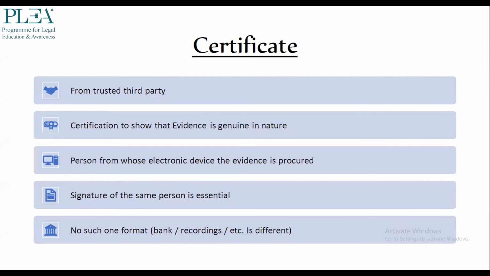Also, the person from whose electronic device the evidence is procured is very important. Say, for example, it's my phone. So I have to be present at that point in time when the expert is examining my device. So the certificate should reflect that the person from whose device that evidence was procured was there.